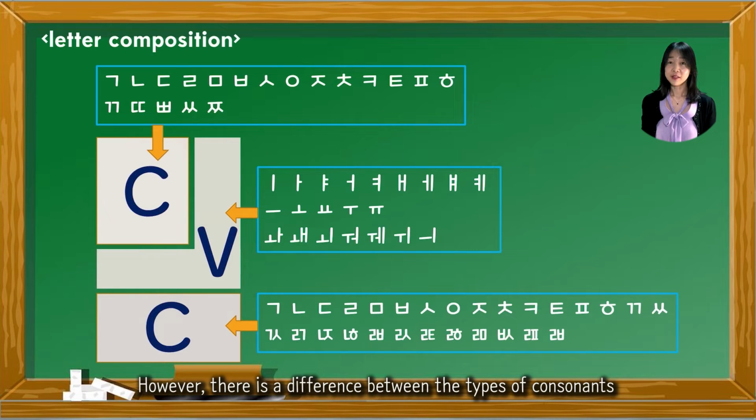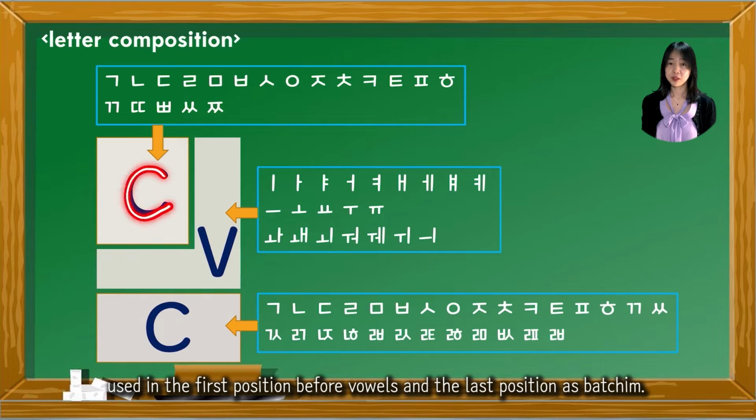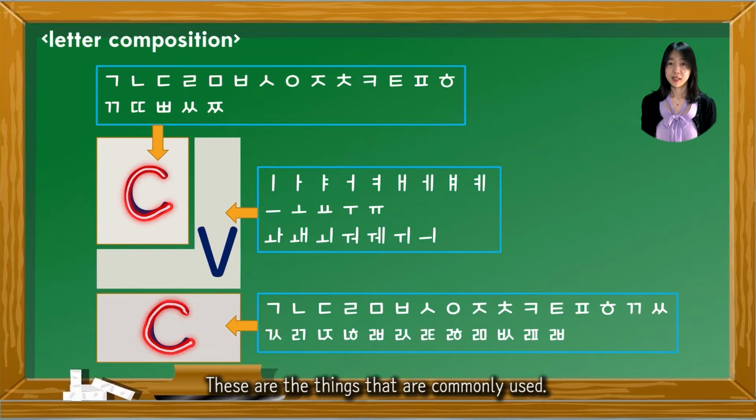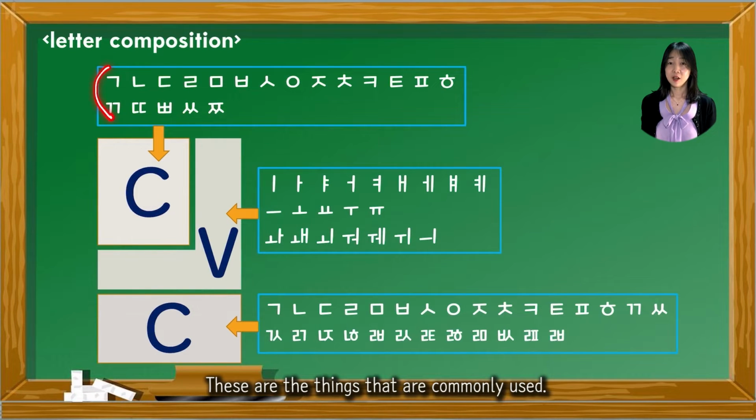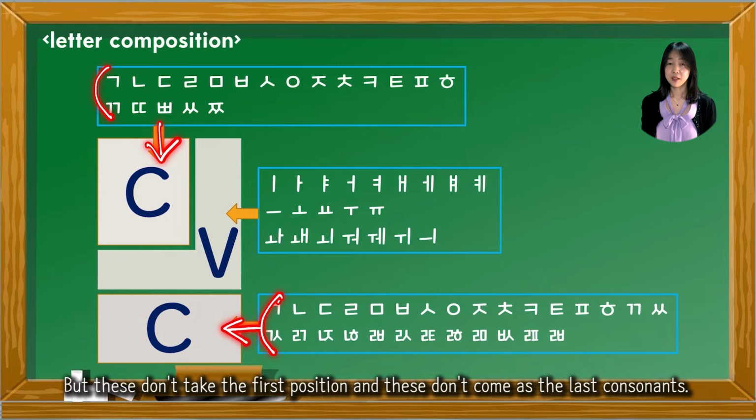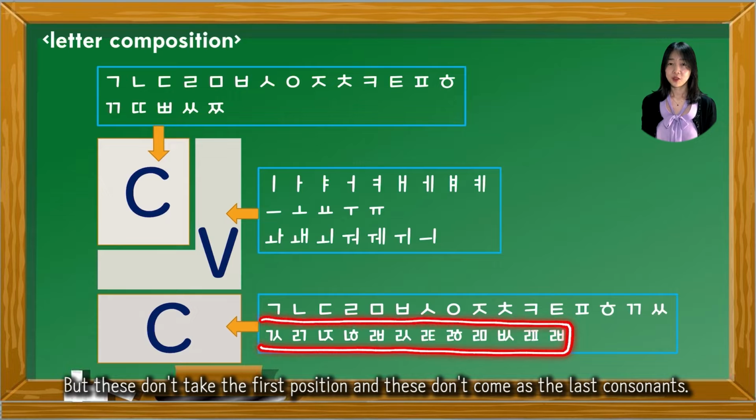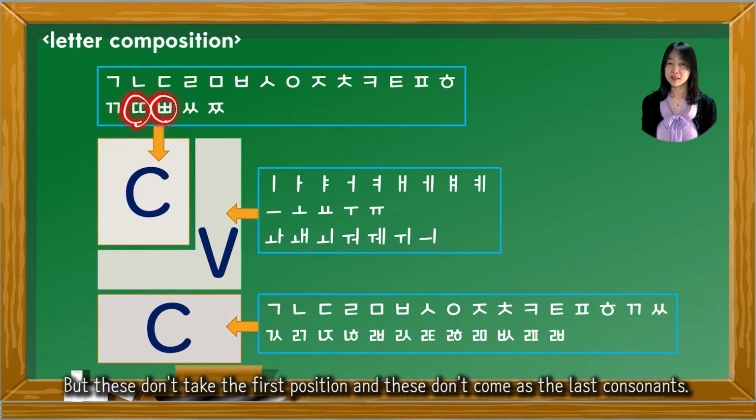However, there is a difference between the types of consonants used in the first position before vowels and the last position as 받침. These are the ones that are commonly used, but these don't take the first position, and these don't come as the last consonants.